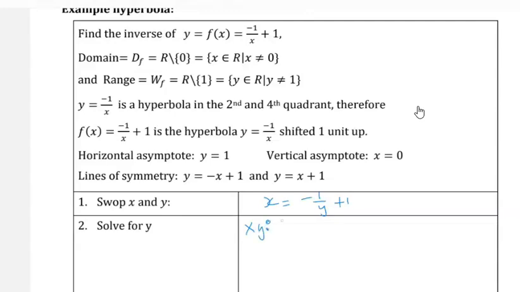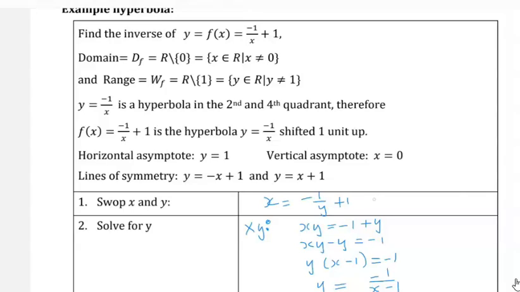Remember, y cannot be 0. So then I have xy is equal to minus 1 plus y. Then I take my y to the left hand side and factorize. If I now divide by x minus 1, then I get y equal to minus 1 over x minus 1.